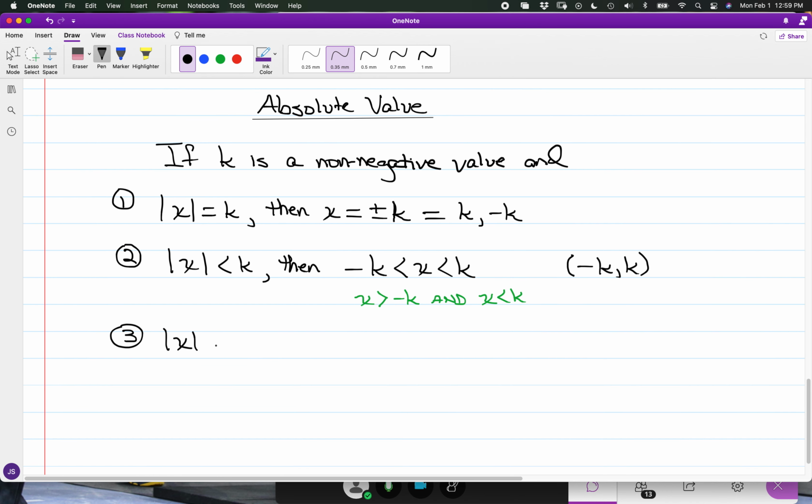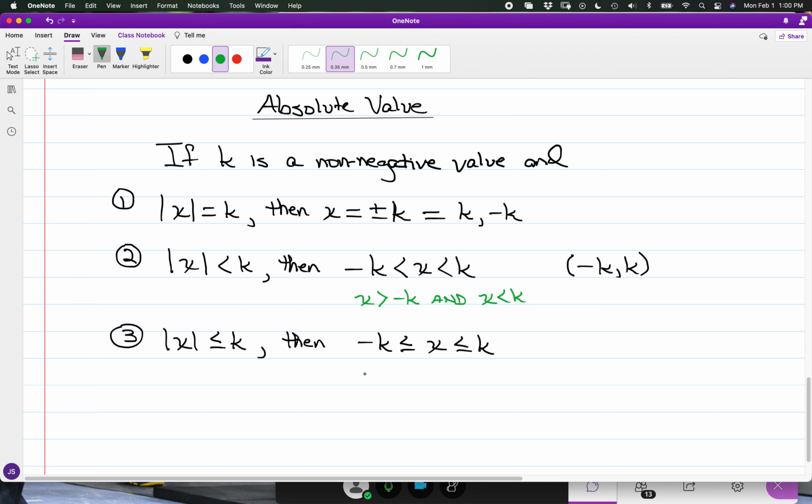If I have that the absolute value of x is less than or equal to k, once again, as I take out the absolute value bars, we're now going to have the compound inequality statement where -k is less than or equal to x, which in turn is less than or equal to k.